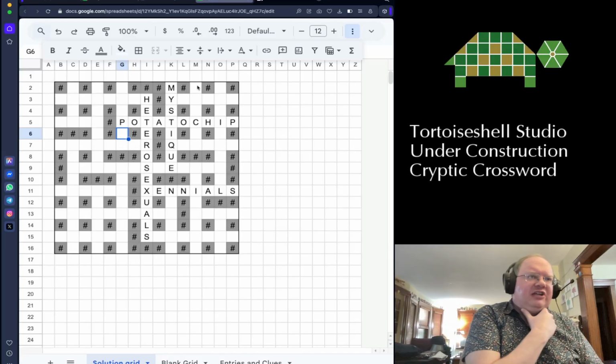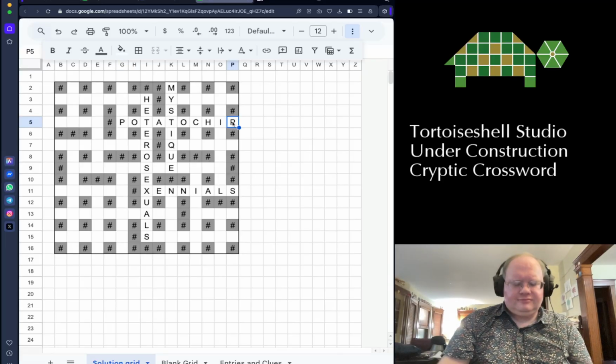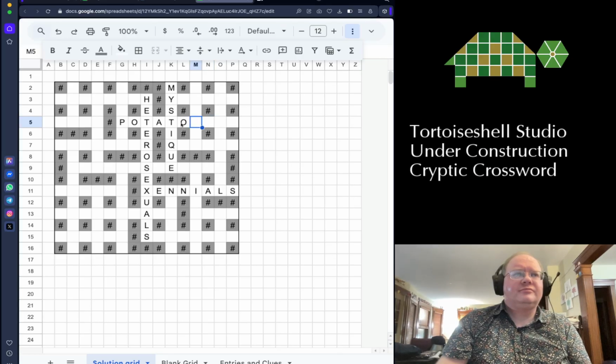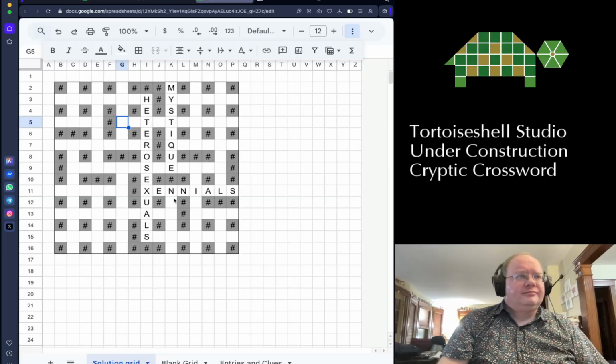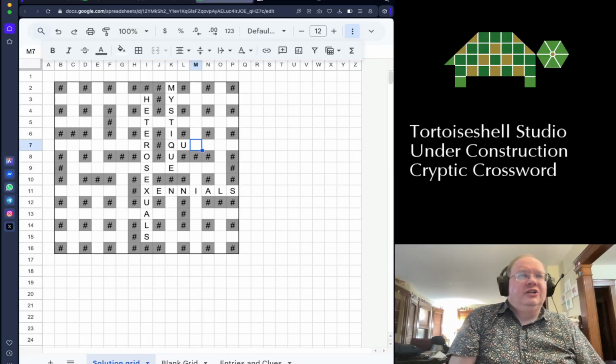There's Z, obviously, J and K. Still pretty wide open at this point.